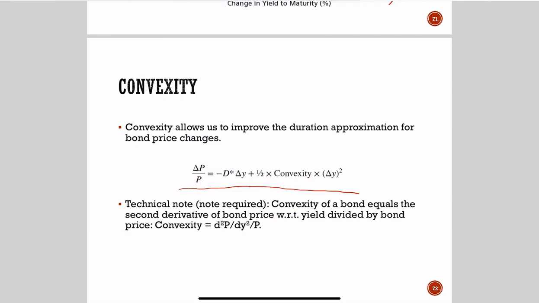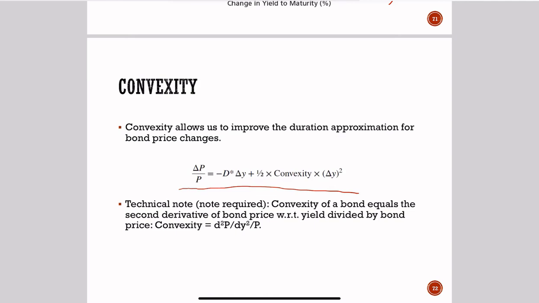For this formula, we basically have a low requirement. For example, I will not ask you to calculate convexity, because we have not formally shown you the formula for calculating convexity.